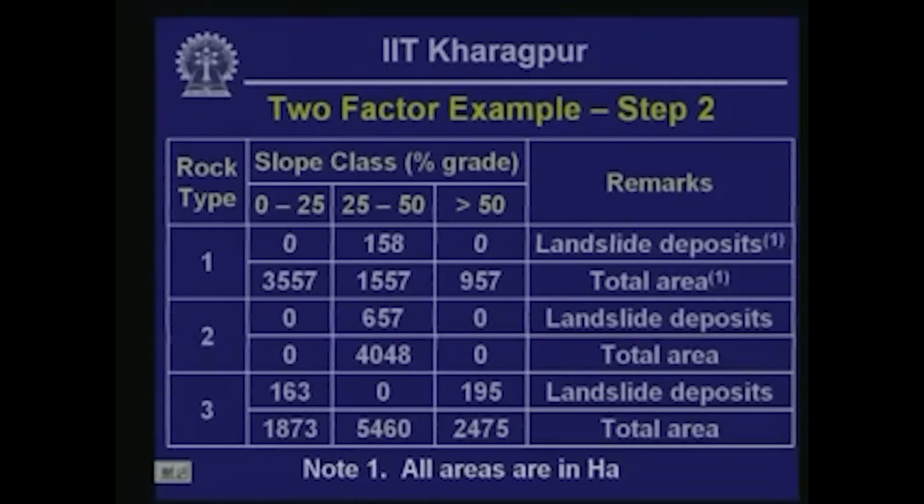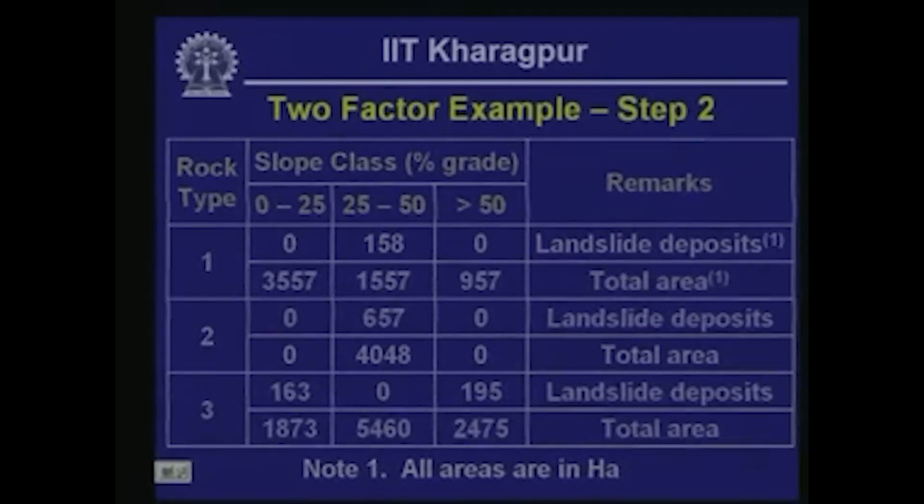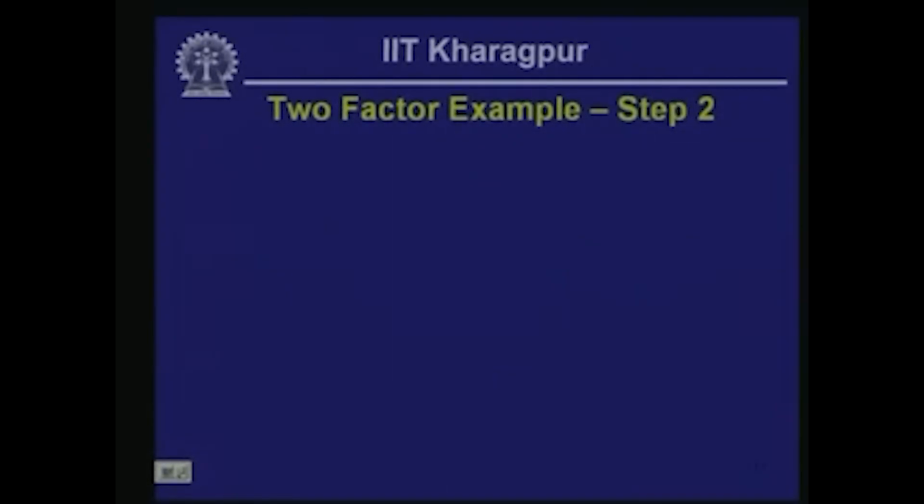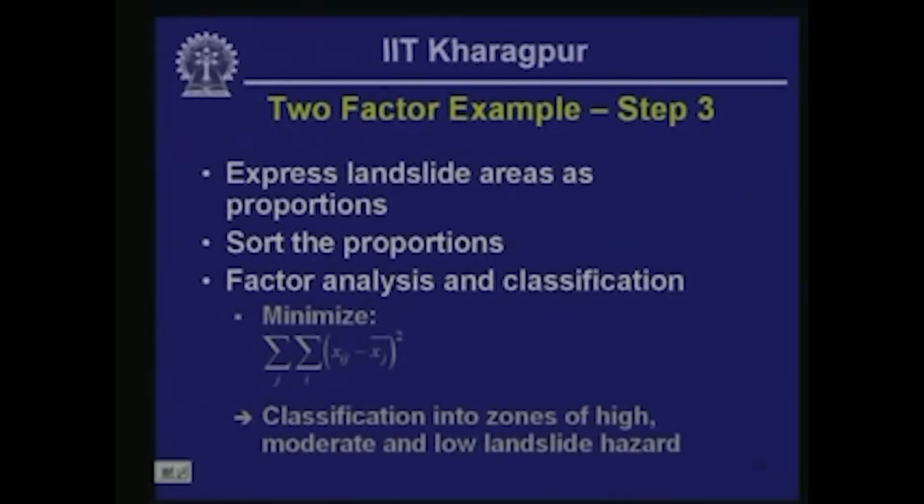For example, for rock type 2 for slope class 25 to 50, you are going to have a proportion of 657 divided by 4048, and then you have to classify these proportions by some statistical means in order to get the areas that are classified to be of high, moderate or low landslide hazards, and the steps here are given on this particular slide.